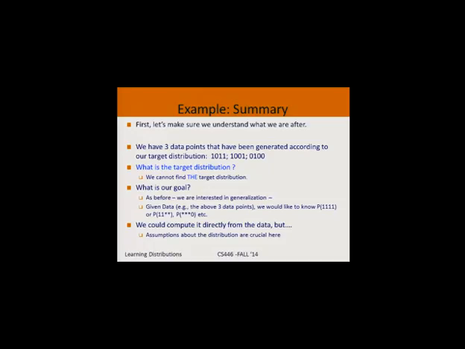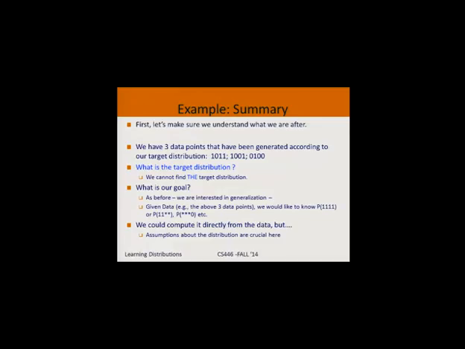So the reason we want to find a representation of distribution is because we want to generalize. If all I'm doing here is looking at x4 only and computing 1 out of 3, I'm assuming that the distribution is uniform over the sample, and that's it.